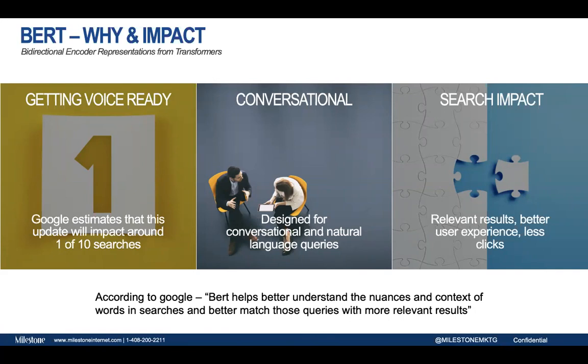So according to Google, BERT helps understand nuances and context: what is the searcher looking for, and what information can be surfaced. And it's all about the relevant, right answer the very first time.